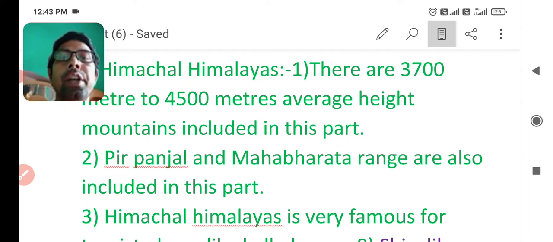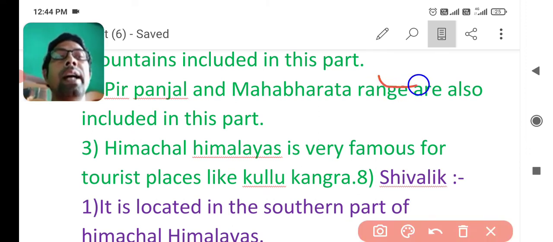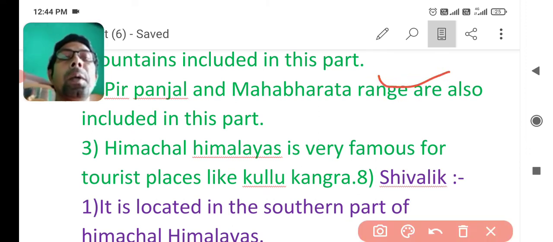You know that range means a series of mountains, and Pir Panjal and Mahabharata range are also included in this part. And there can be an objective type question in the exam, in which part of Himalayas Pir Panjal, Dholadhar or Mahabharata range are included, and you can answer that in Himachal or middle Himalayas.